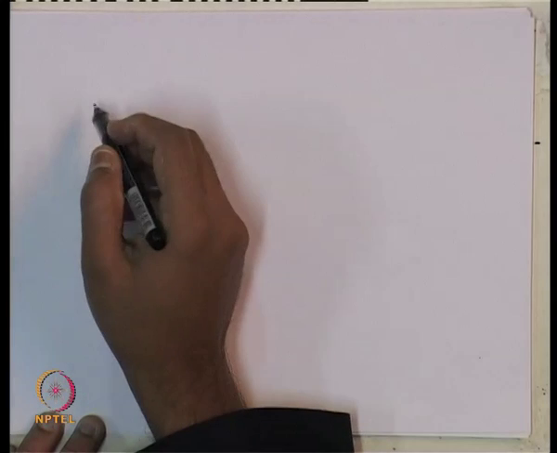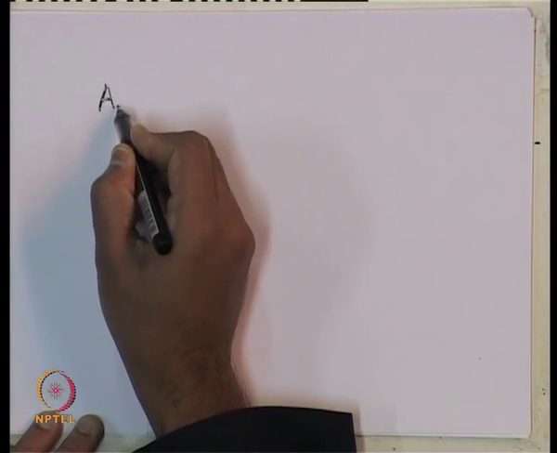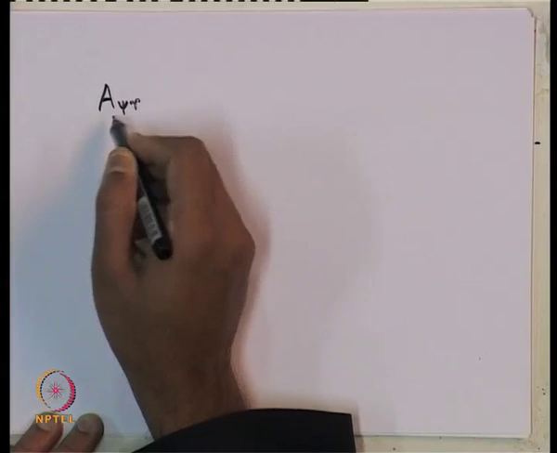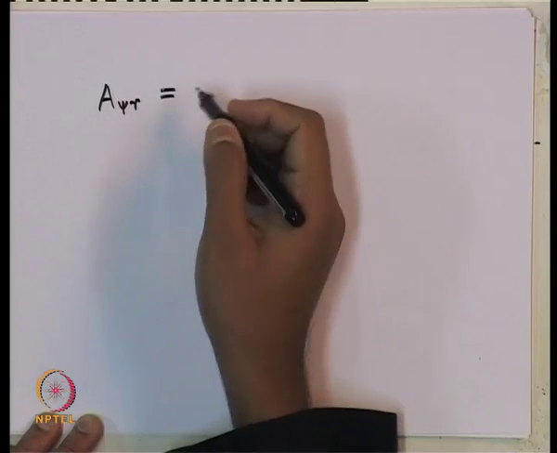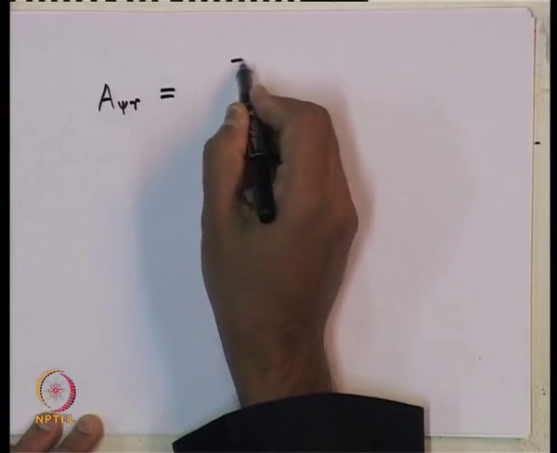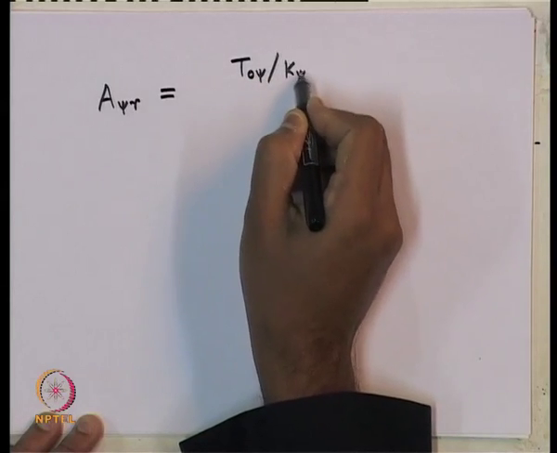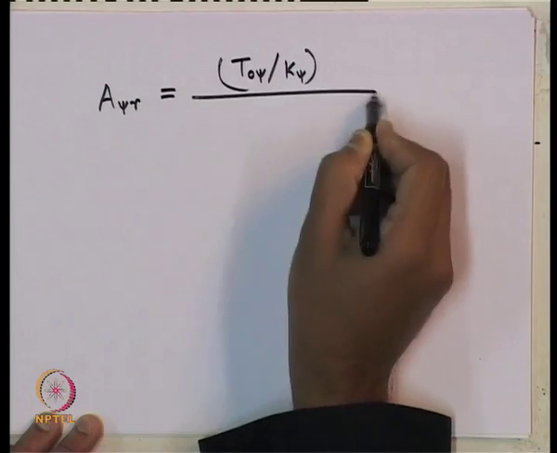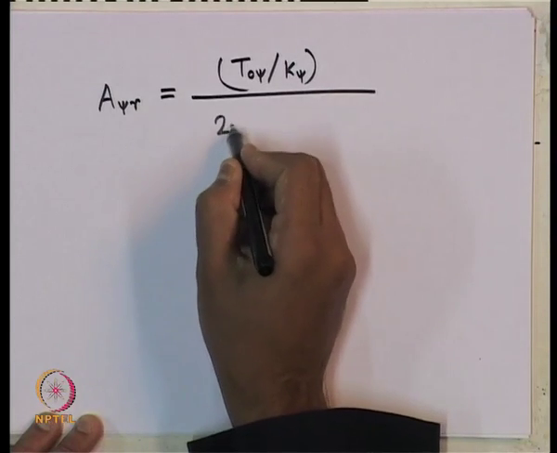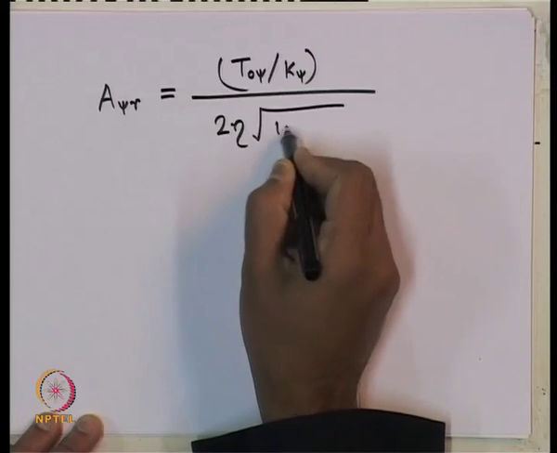At resonance frequency, based on the expression of DMF, we can find out how much is A psi R, meaning at resonance. The expression for that will be T naught psi by k psi by 2 eta root over 1 minus eta square.